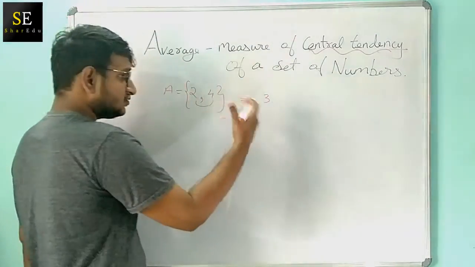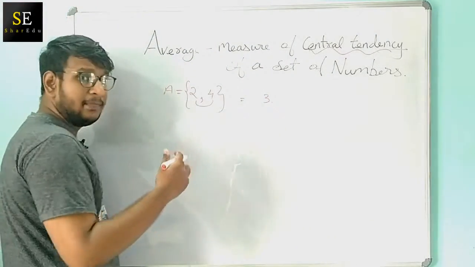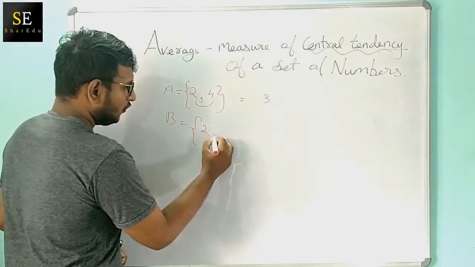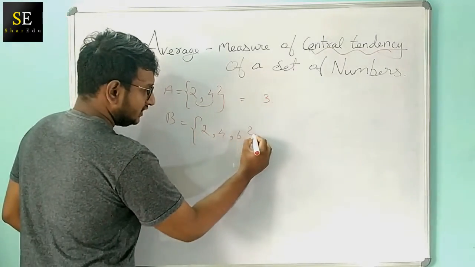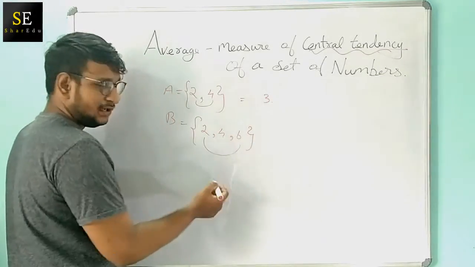But this concept begins to crumble when we take a big set of numbers. Say B is equal to 2, 4, 6. Even for numbers like this, we can easily say that the central tendency of these three numbers is 4.